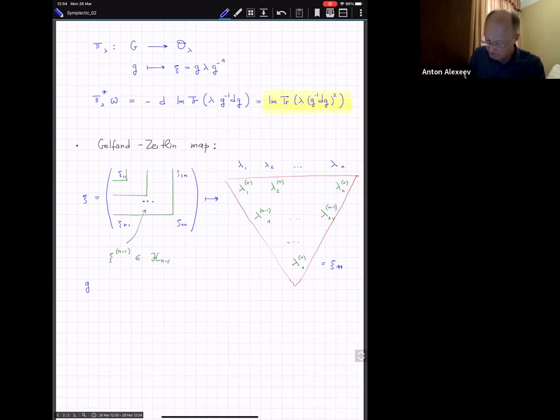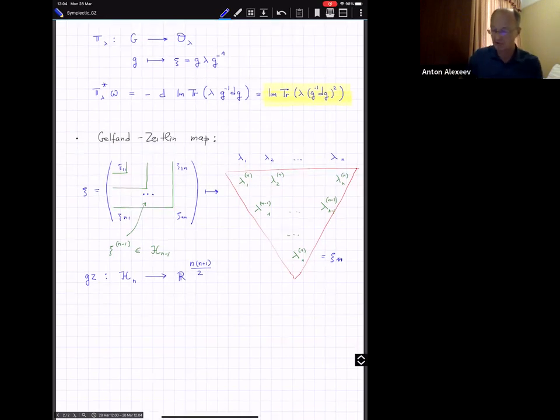So this is the GZ map from Hn. And if you count the resulting number of eigenvalues, this will be R to the power n times n plus 1 over 2. So that's how it looks like.